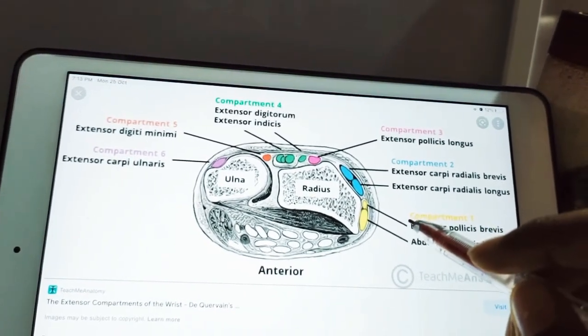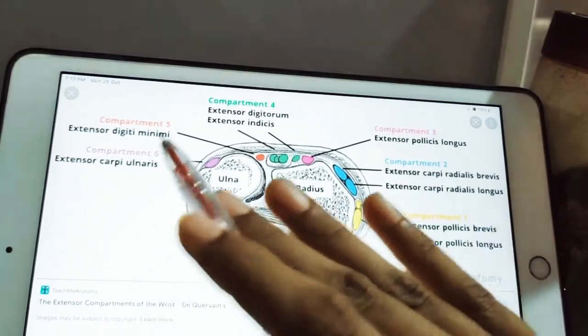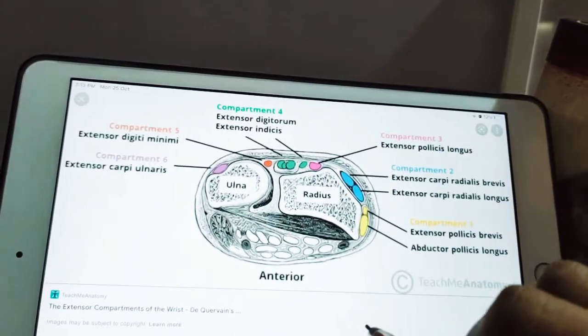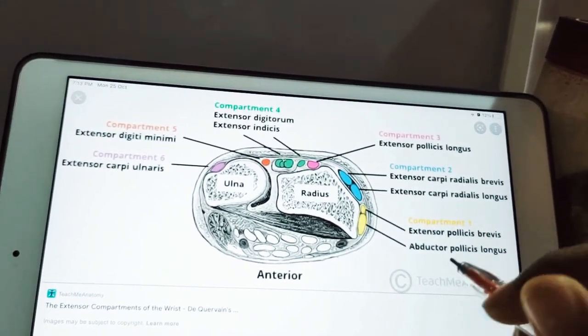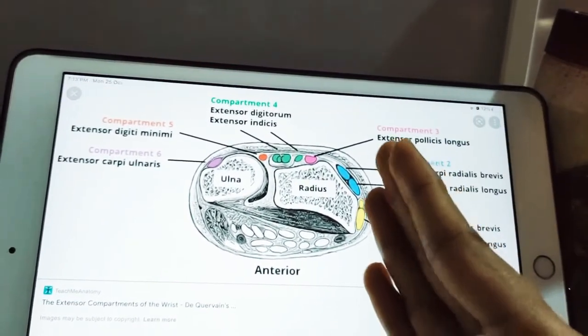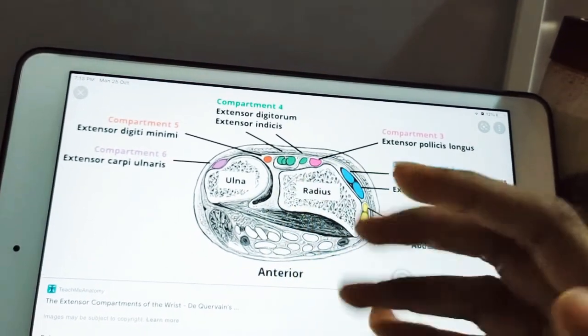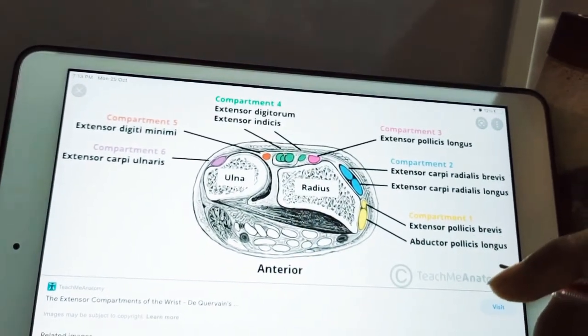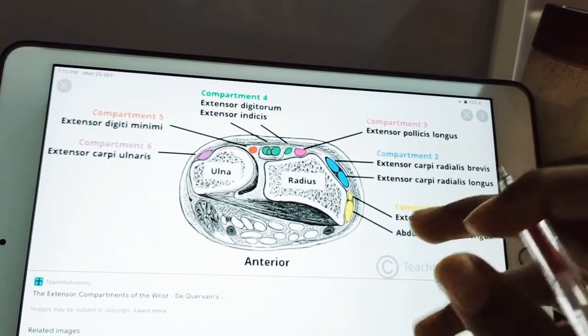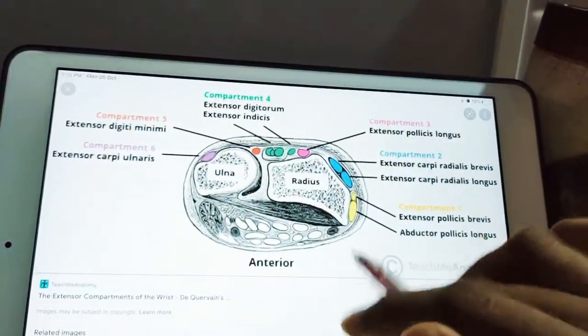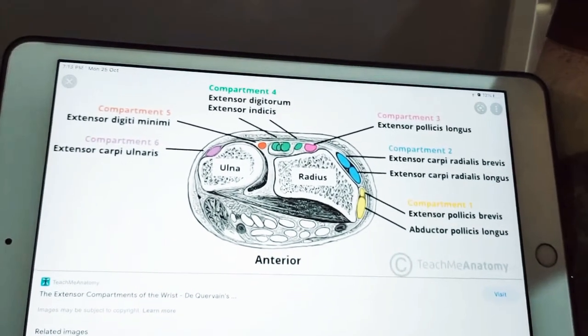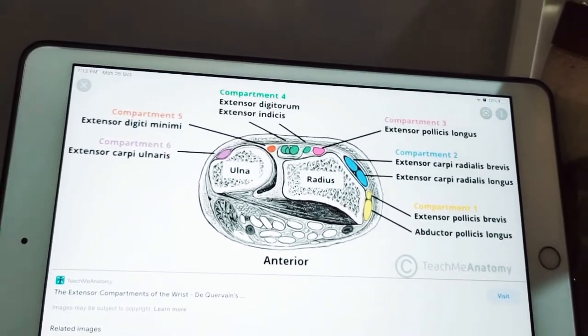In this way, 6 osteofascial compartments are formed on the back of the wrist. Let us find out the structures passing through each compartment from the lateral side to the medial side. First we'll understand the features: each compartment is lined by a synovial sheath, which is reflected onto the contained tendons, okay?